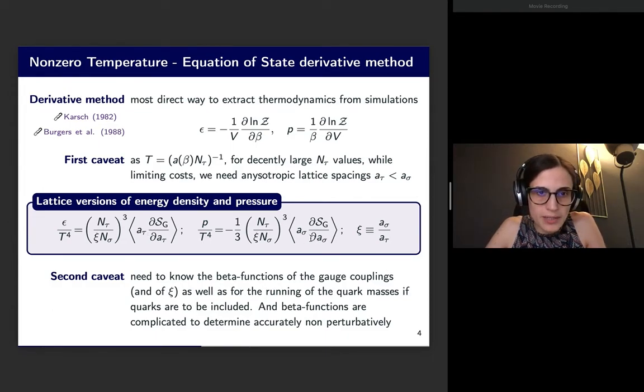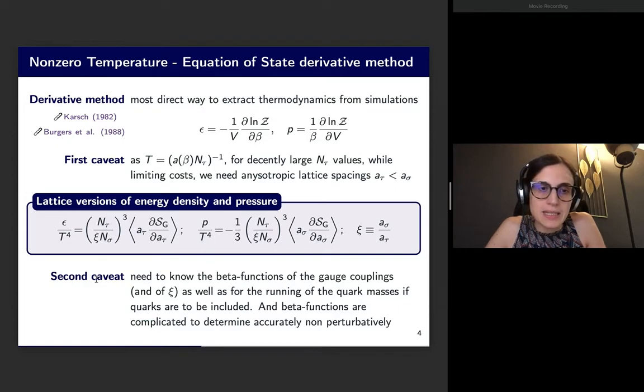The formulas that I have on the slide are the lattice versions of the energy density and pressure, where also the anisotropicity coefficient Xi appears, which is the ratio of the two lattice spacings. When you work on the derivatives explicitly, you realize that you need the beta functions of the gauge couplings and of Xi, as well as for the running of the quark masses if quarks are included.